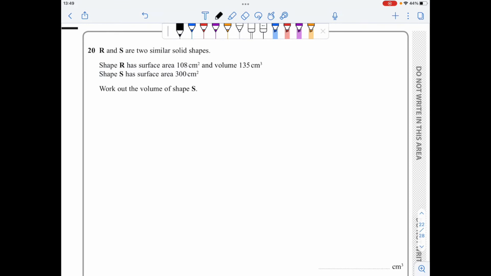For question 20, recall that when you have similar shapes, if the scale factor for the length is k, for example, the scale factor for the area is k squared, and the scale factor for the volume is k to the power of 3. I can summarize these in a table like the following.